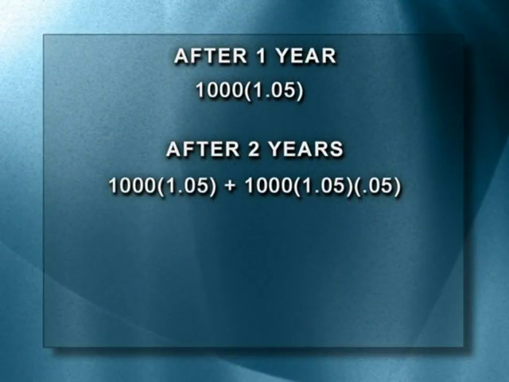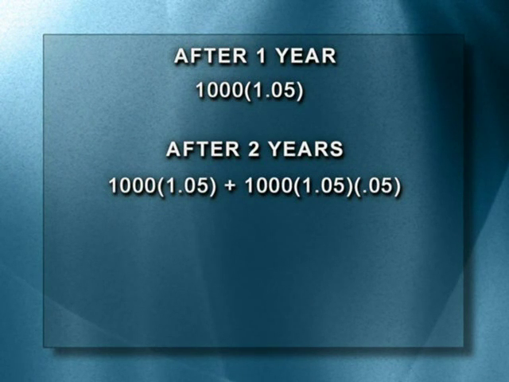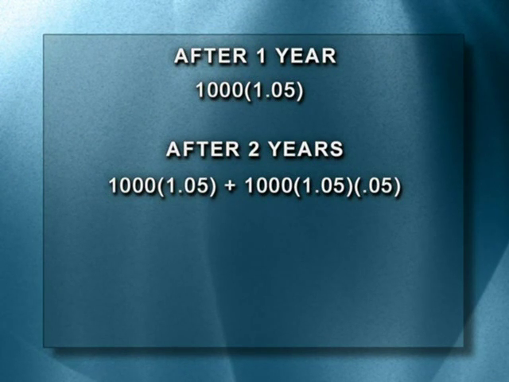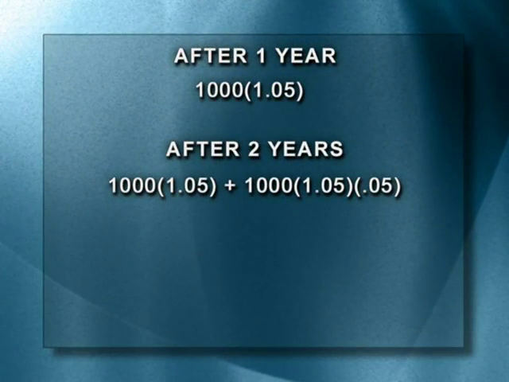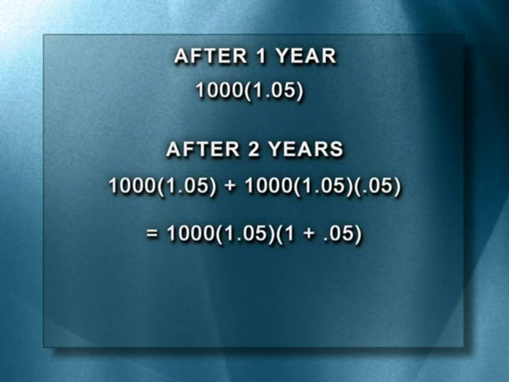So after 2 years, I have the initial amount, 1,000 times 1.05, plus 5% of that amount. So it's 1,000 times 1.05 times 0.05. Now factor again. It's kind of a complicated factorization. Pull out the 1,000, pull out the 1.05, and you're left with 1 plus 0.05.